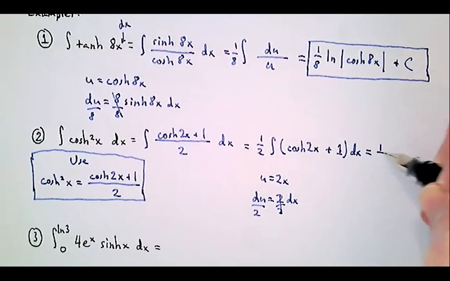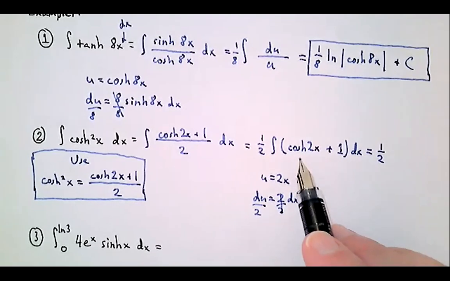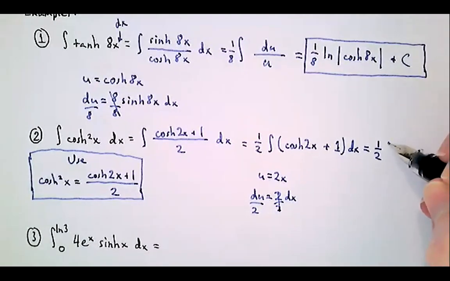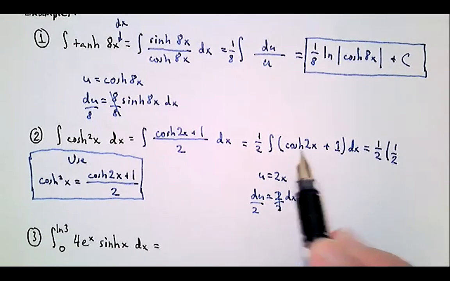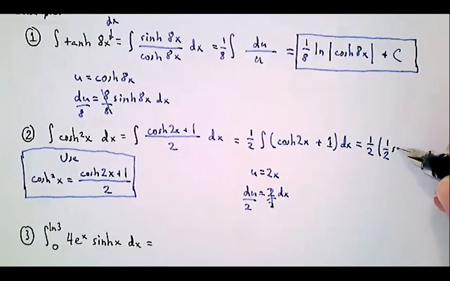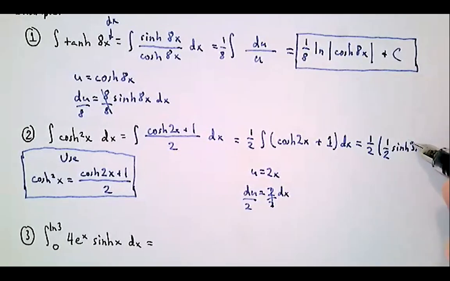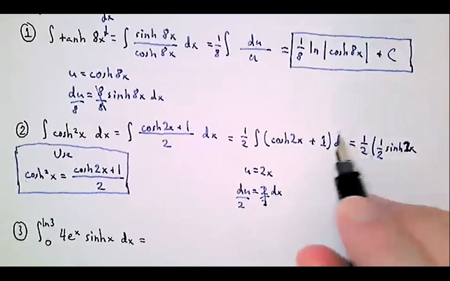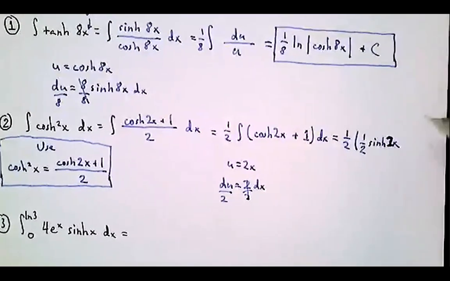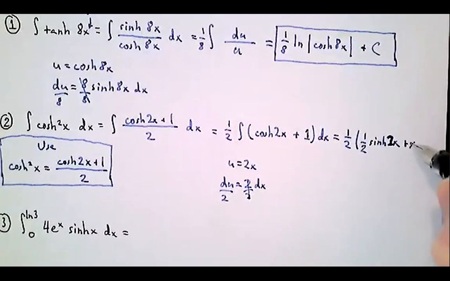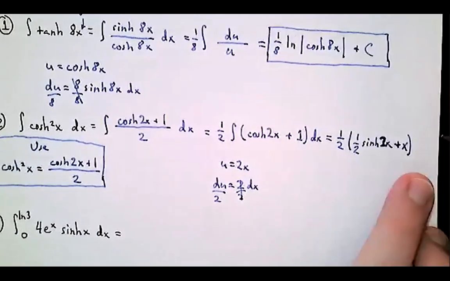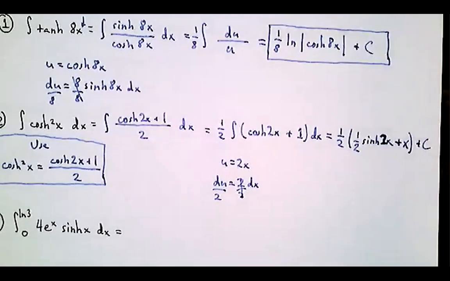So we have a 1/2 on the front, and this one will pick up an extra 1/2. And then we need the integral of cosh, which is sinh. Leave the inside alone. Oops, that should be a 2x, of course. And then the integral of 1 will get an x, and then add your constant on the very end.